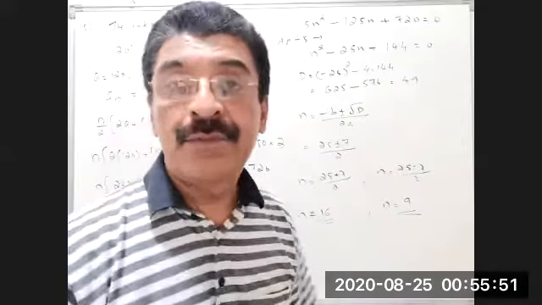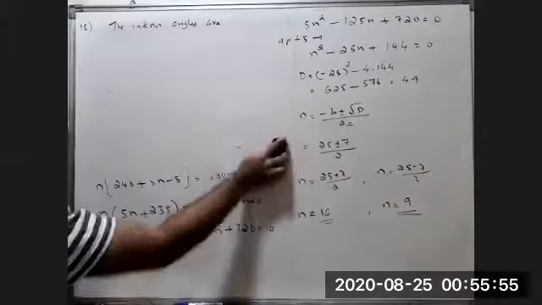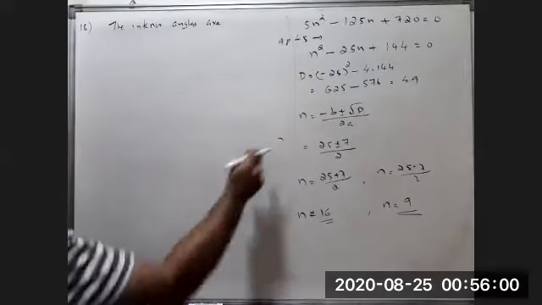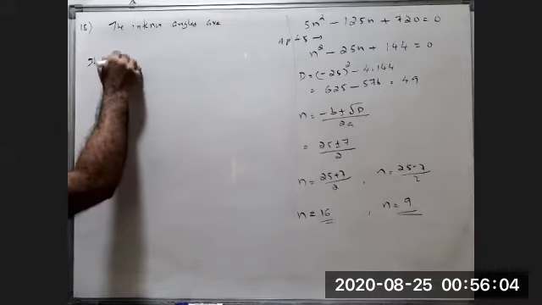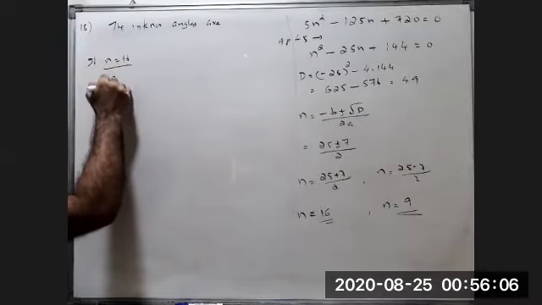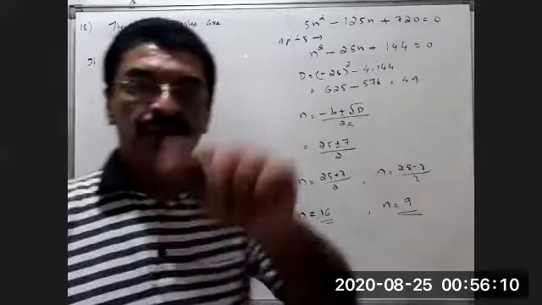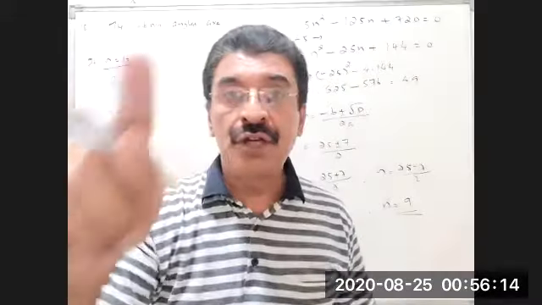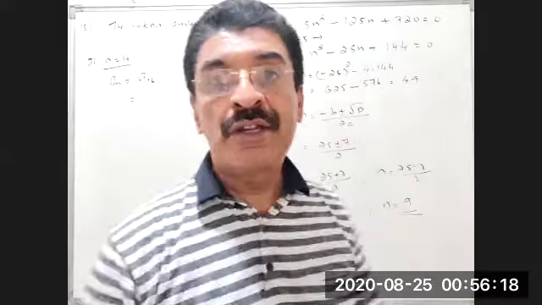Can we accept both? For that, if n is 16, the last angle, because a1, a2 are 120, 125, 130, each term denotes the measure of the interior angles.